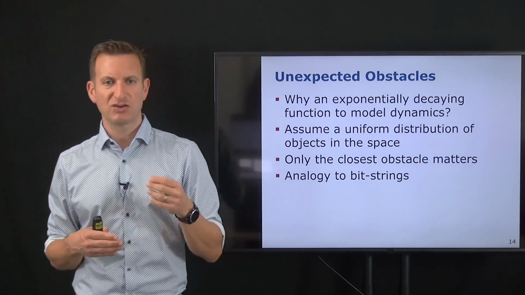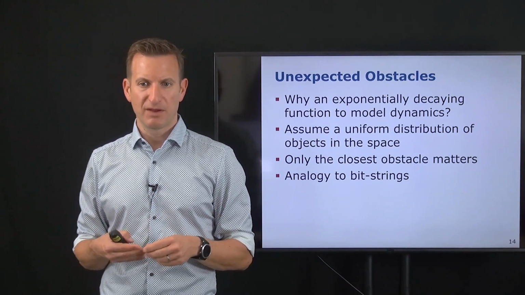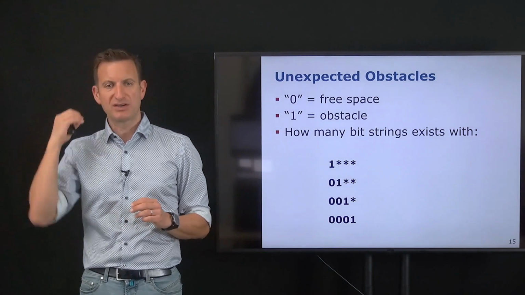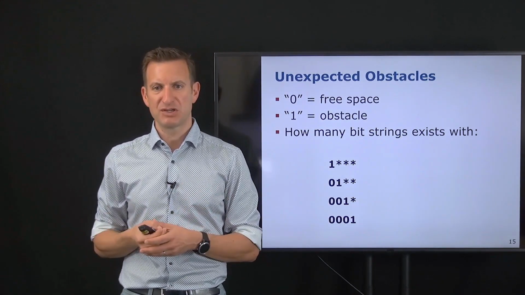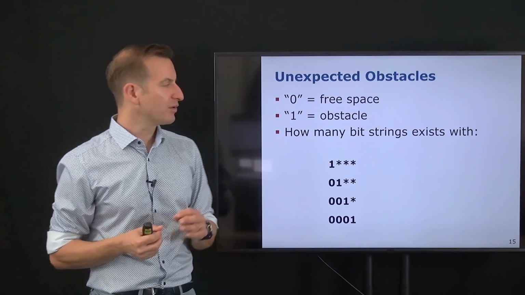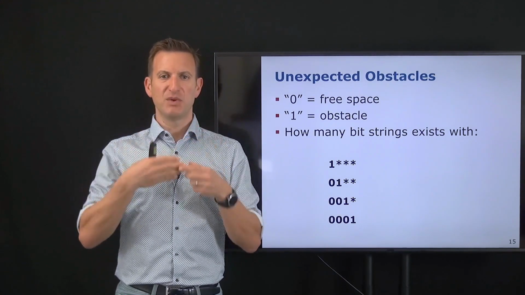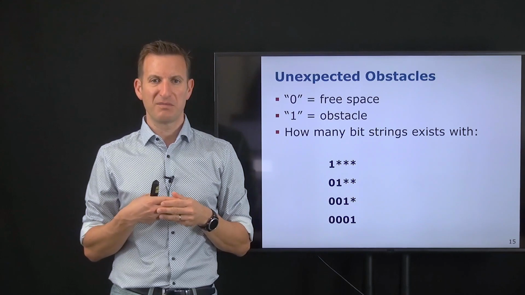Then what we can do is draw an analogy to bit strings. How often do certain bit strings occur? So binary strings. And this helps us come up, in a very easy to understand way, with why this exponentially decaying function makes sense. So consider now we are in a 1D world, and I'm just considering the distance between me and, let's say, the camera right now, or this may be the expected obstacle.